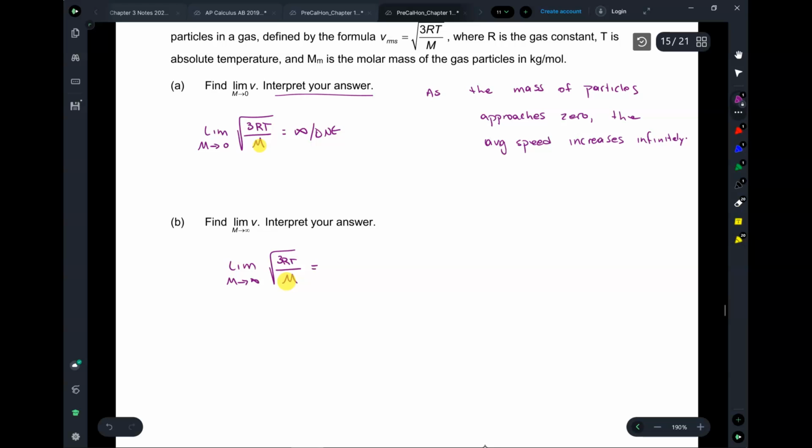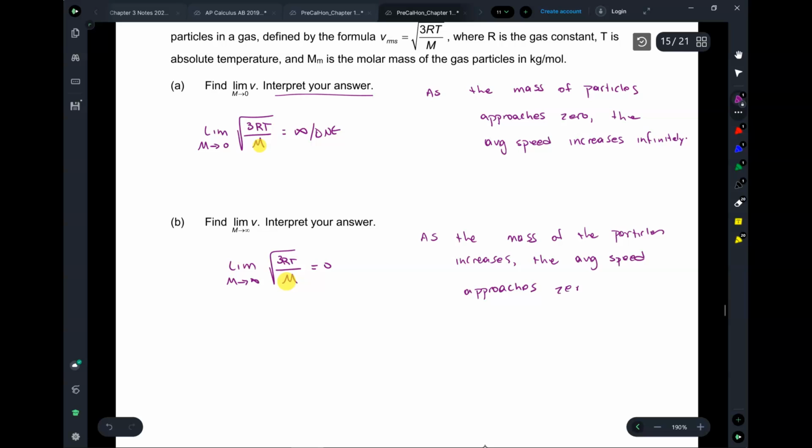Equals 0. And again, what would be the sentence that we write here? Right. So as the mass of the particles increases, the average speed approaches 0 or decreases to 0.